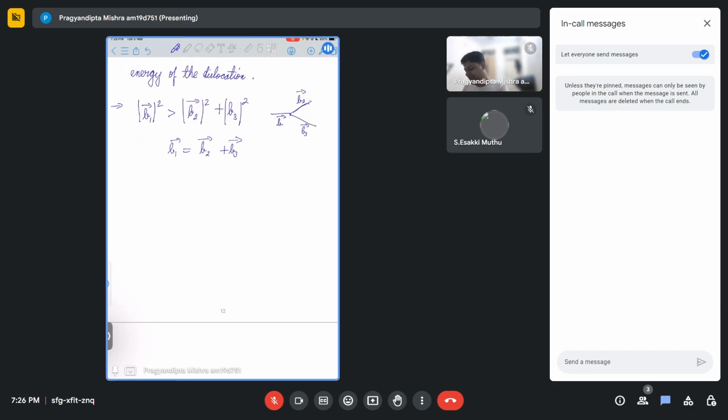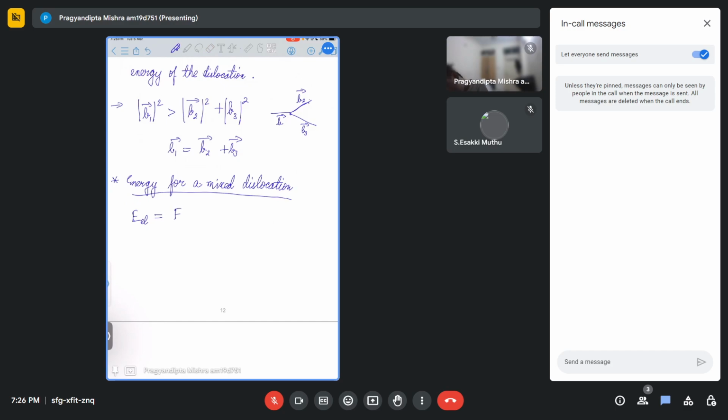Okay. So now that we have seen energy for individual edge and screw dislocations, what could we say about energy of a mixed dislocation? So energy for a mixed dislocation, the elastic energy, you're talking about the elastic energy, not the core, is something like summation of the edge part and the screw part.